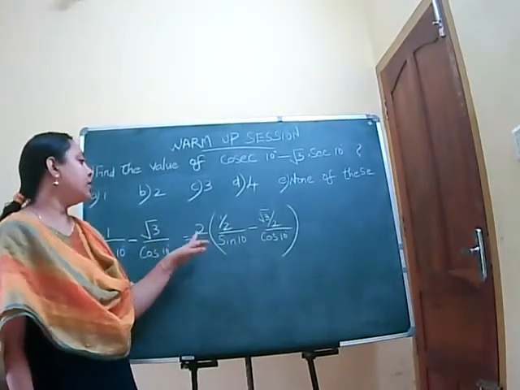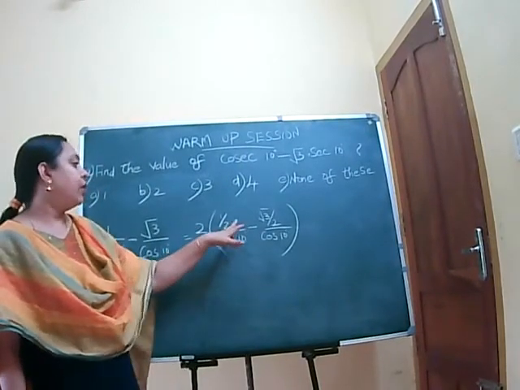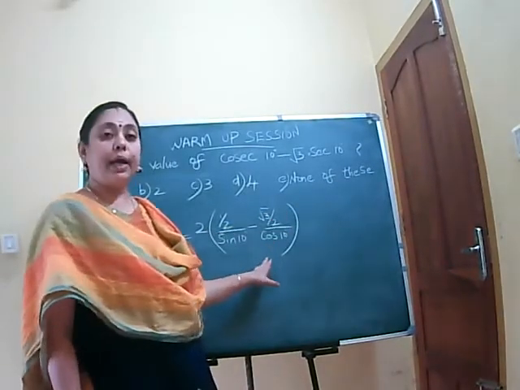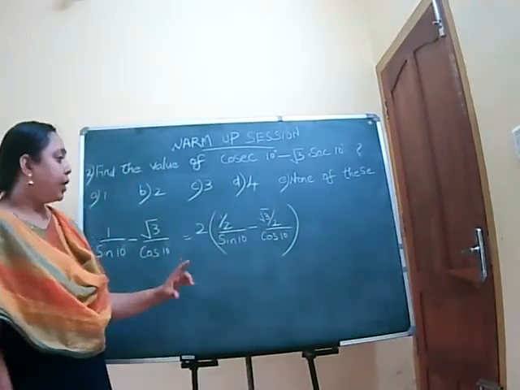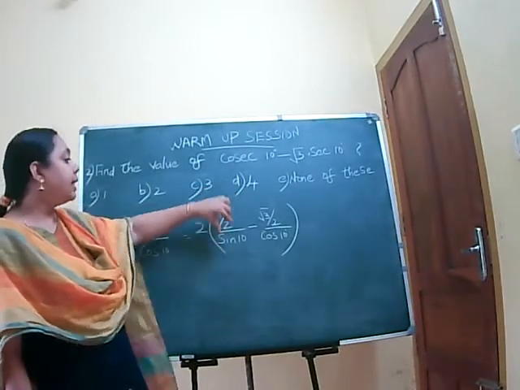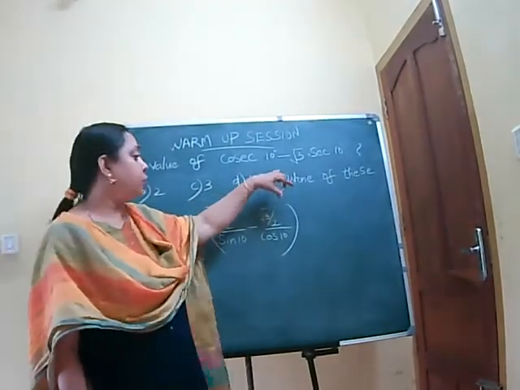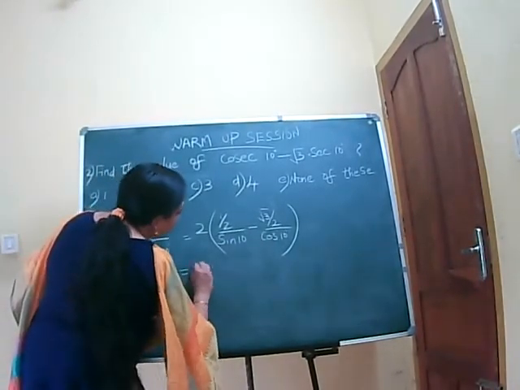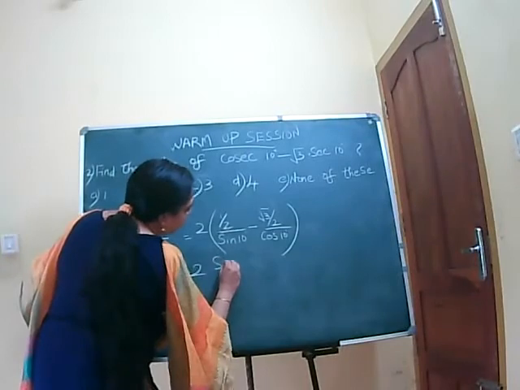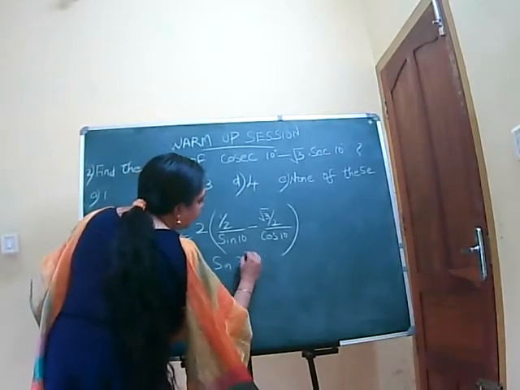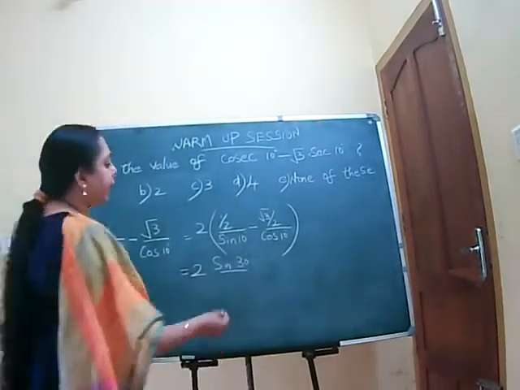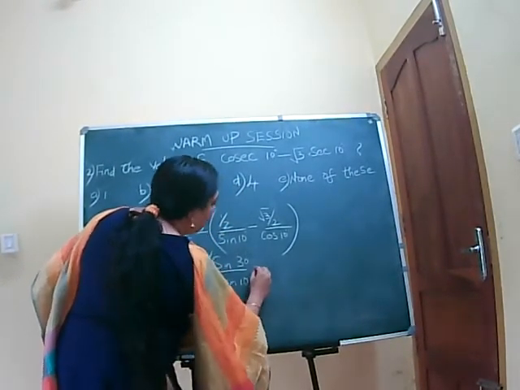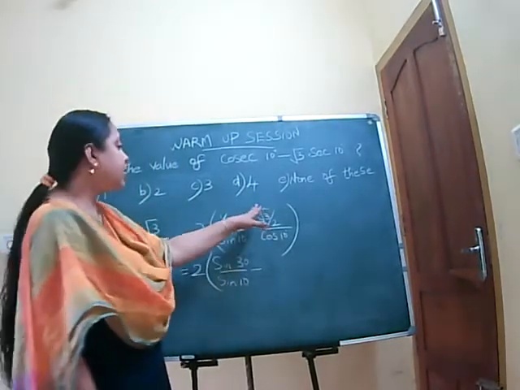Then this becomes 2 into half by sin 10 minus root 3 by 2 by cos 10. We know that half is sin 30 and root 3 by 2 is cos 30. So this becomes 2 into sin 30 by sin 10 minus cos 30 by cos 10.